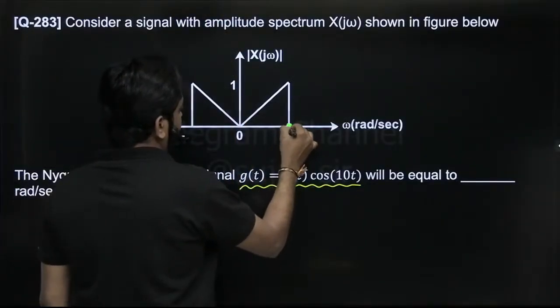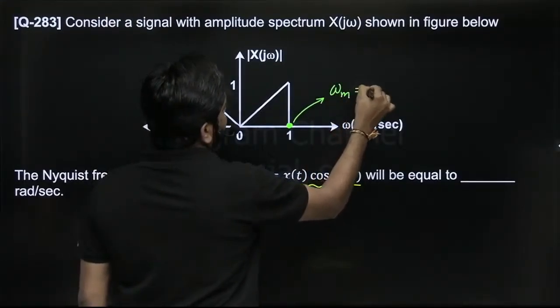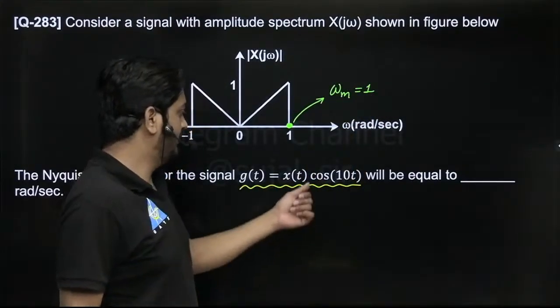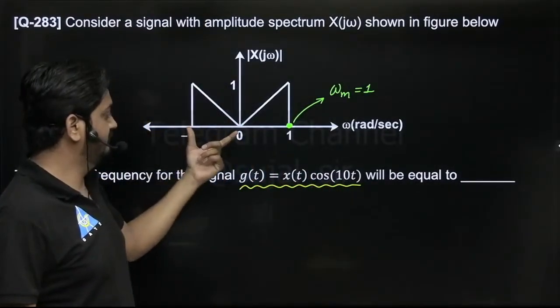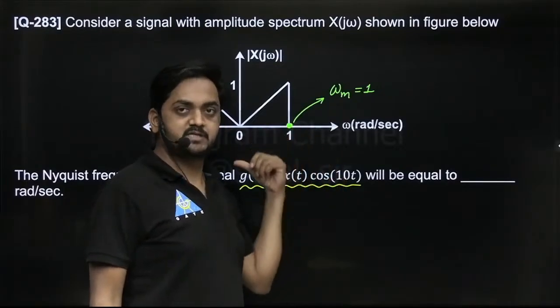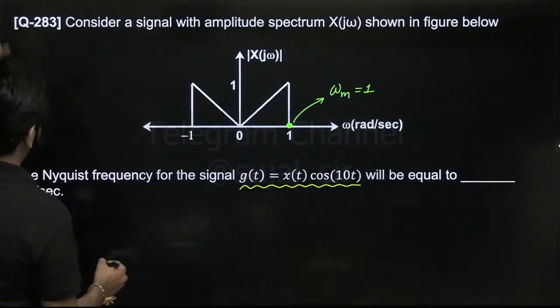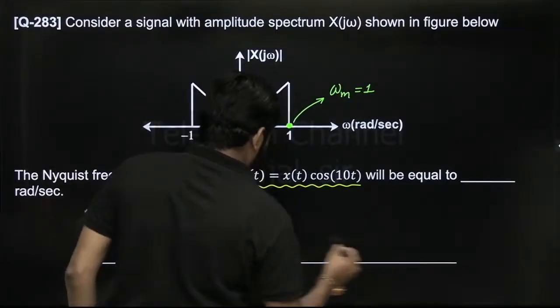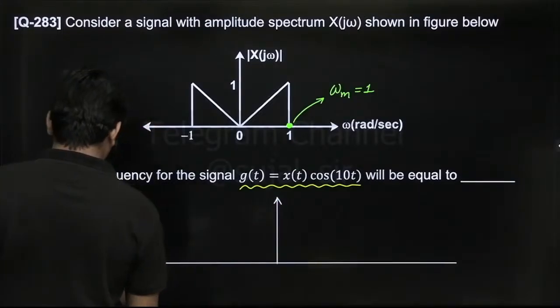So here omega m, guys, omega m for this is nothing but 1. Now if you multiply with cos, guys, then this function will shift right side by 10, left side by 10. Okay, so it will shift right side by 10, left side by 10. So it looks like this, guys. It looks like this: right side by 10, left side by 10.